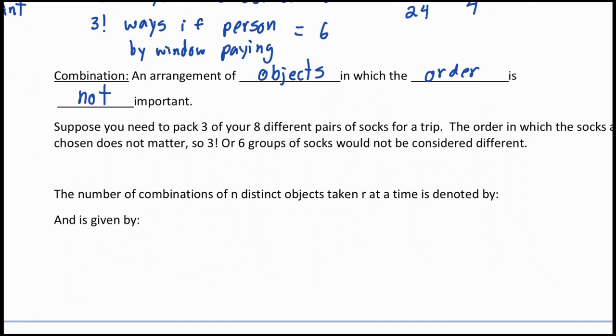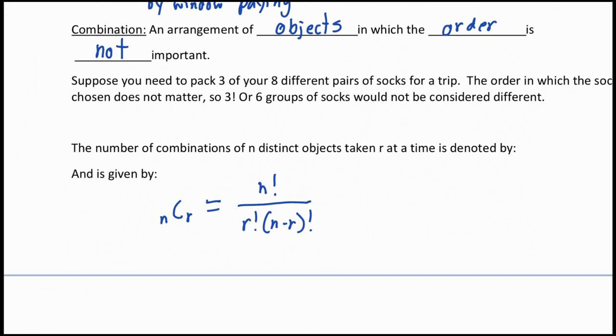Do we understand that? Okay, so the way that we do a combination is we write it the same way. But because the order does not matter, we're going to end up with fewer options. So the way we calculate this is we'll still do n factorial over n minus r factorial, but then we'll also need to multiply by r factorial.